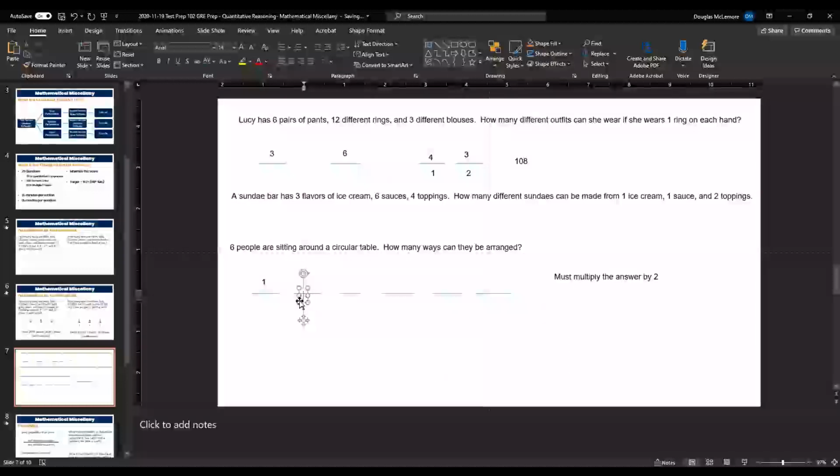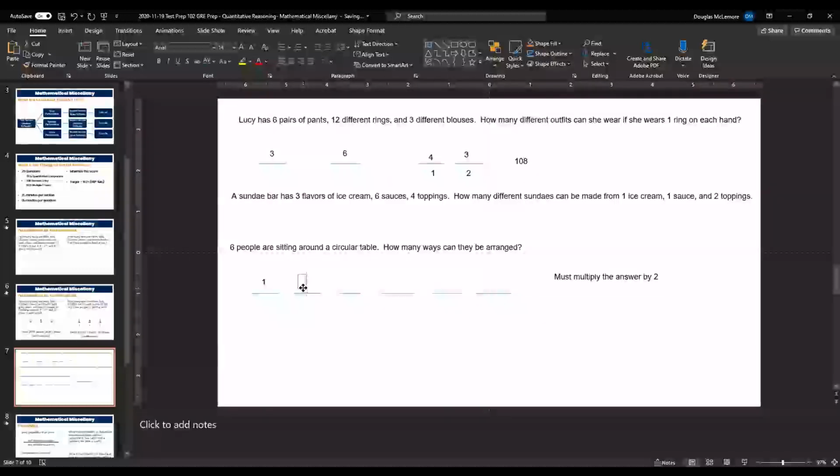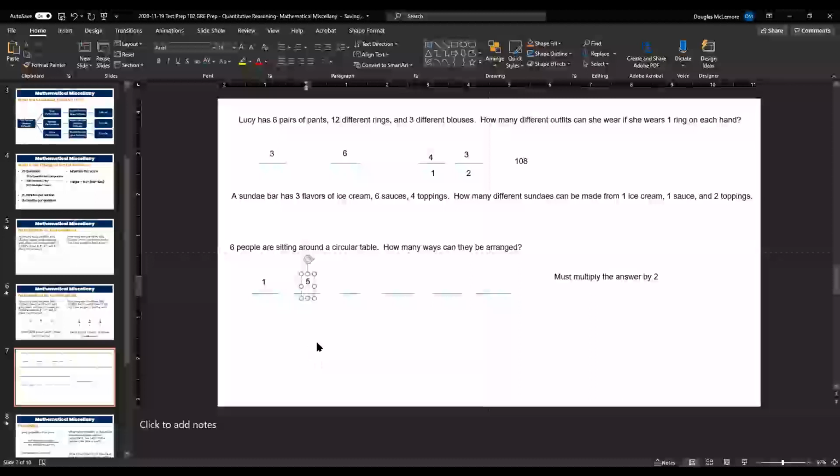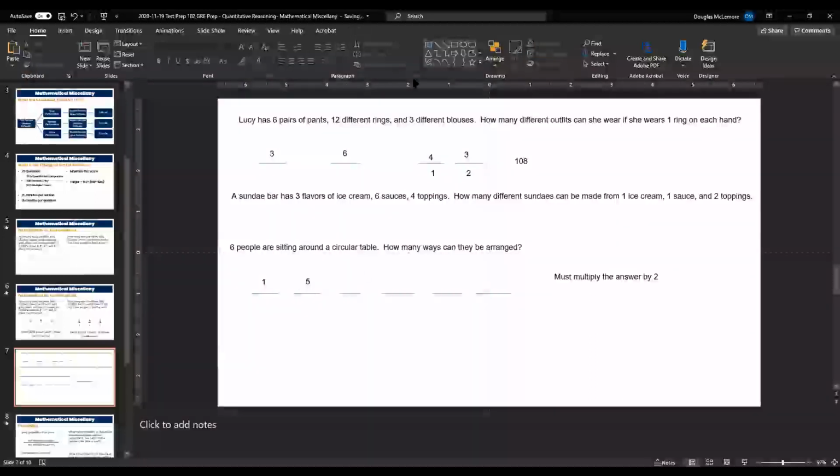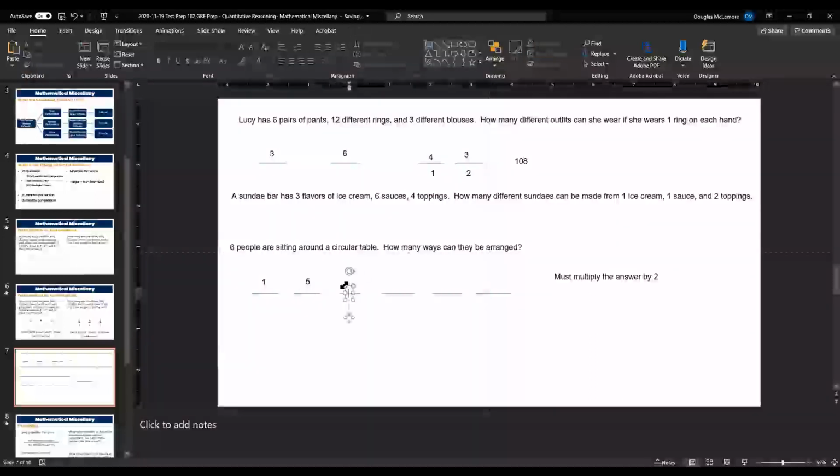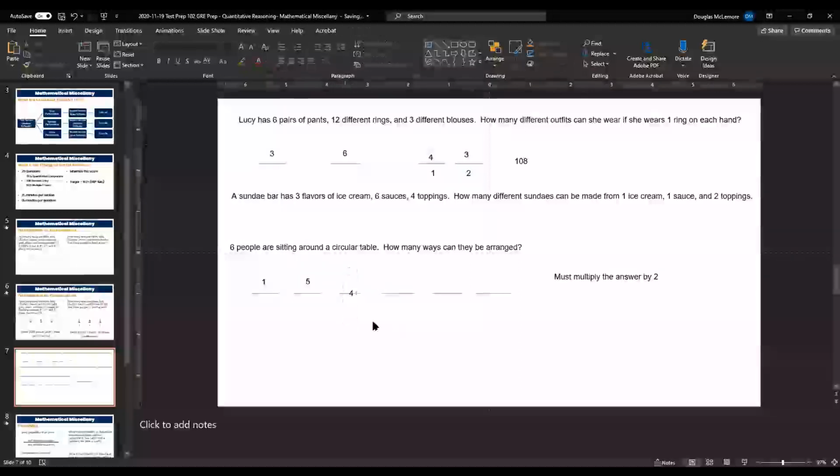How many people are left after that one person sat down? 5. And then at the next seat, 4, and so on.